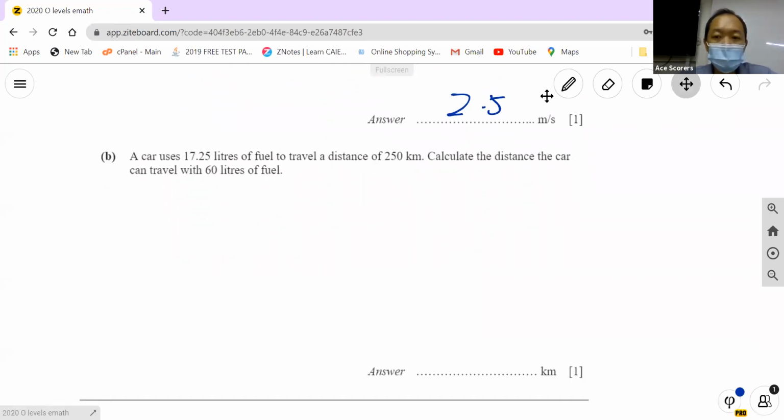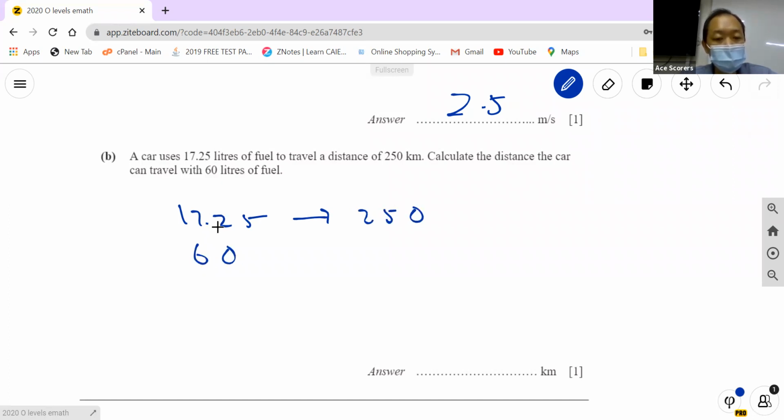A car uses 17.25 to travel this distance, 60. So this divided by this... 17.25, 250. So 160.